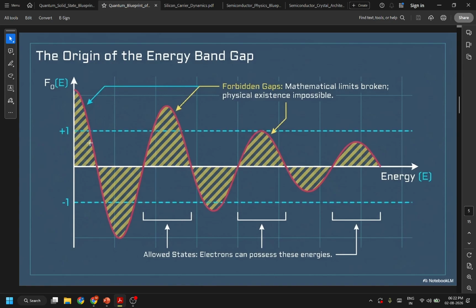So if for some energy the value falls between -1 and 1, it is an allowed state. That means the electron will possess this energy. Whereas if it exceeds this range, it will result in a forbidden gap. That means the mathematical limits are broken, and therefore the electron cannot exist. It's impossible for an electron to exist in these regions. So these result in forbidden energy gaps.